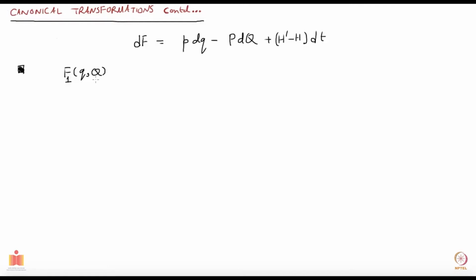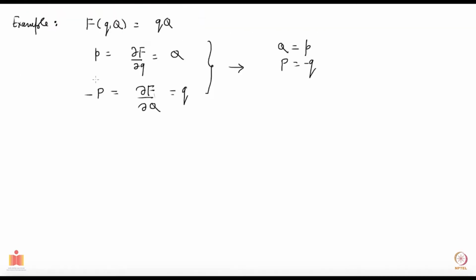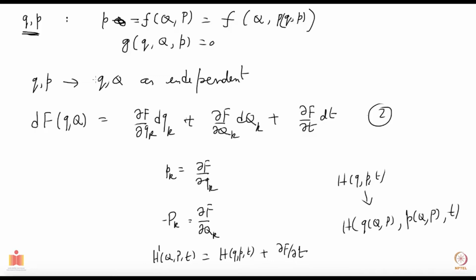And we saw that the small p and capital P are given by this, so both are derivatives with respect to, okay, good.